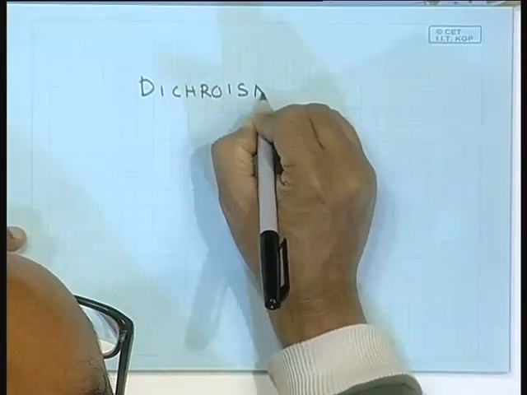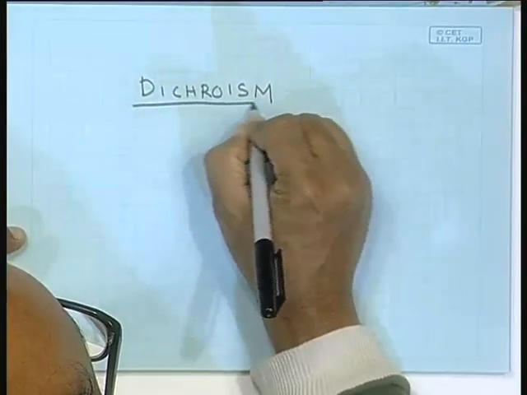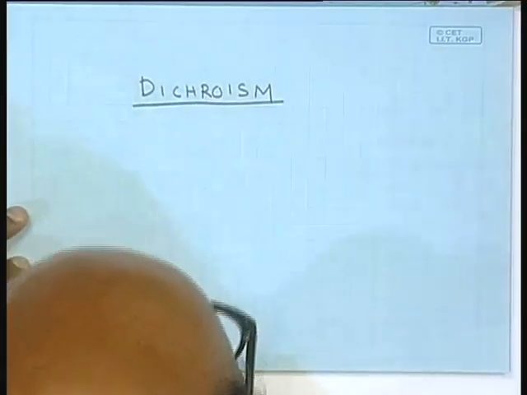Dichroism refers to a situation where the absorption properties of a material are different in two different polarizations. So, dichroism refers to a situation where the absorption properties of the material, or of the system that you are dealing with, are different in two different polarizations.